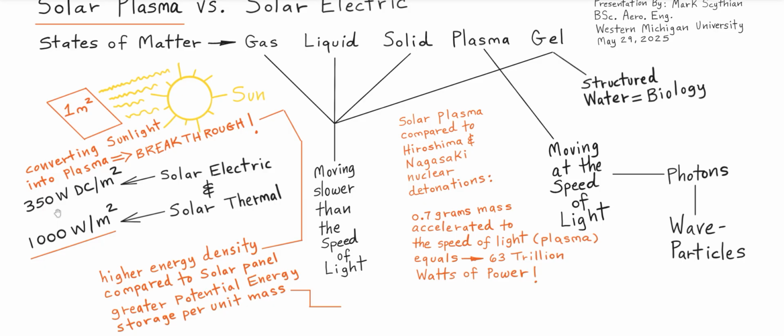So that means one pound of crude oil has 2.4 million times more energy density than one solar panel. Or we'll just say overall, crude oil has 2.4 million times more energy density compared to solar panels.